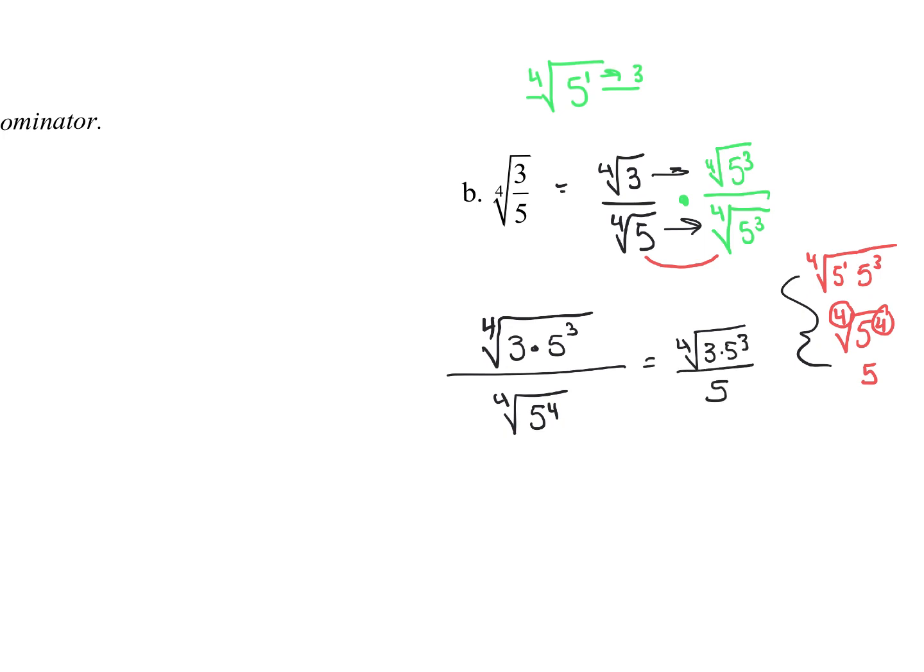And I'm just going to clean it up a little bit. 4th root, 5 times 5 is 25. Times 5 is 125. Times 3 is 375. So that top part, this numerator, is really the 4th root of 375 over 5.